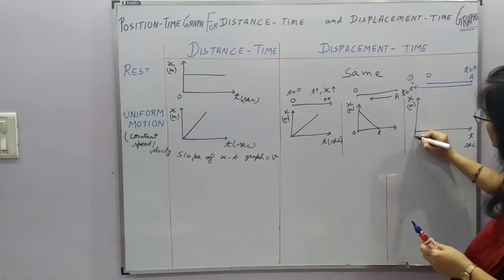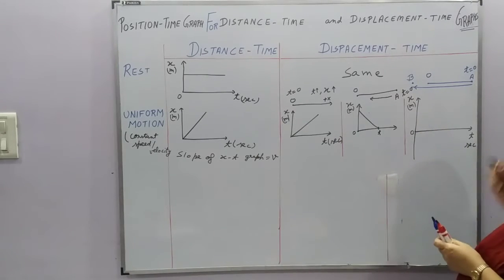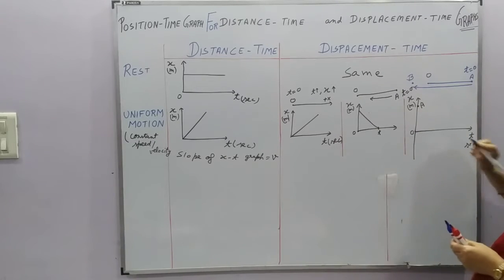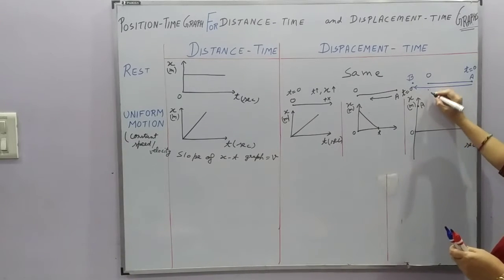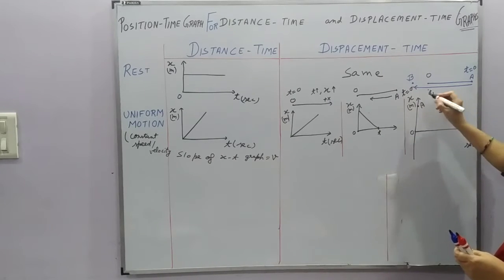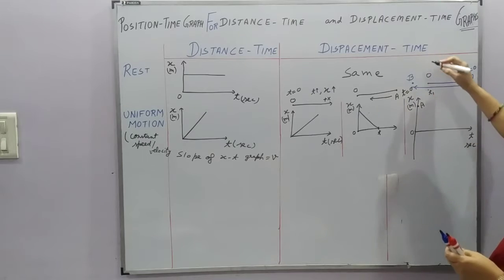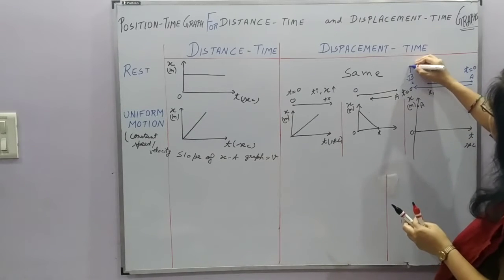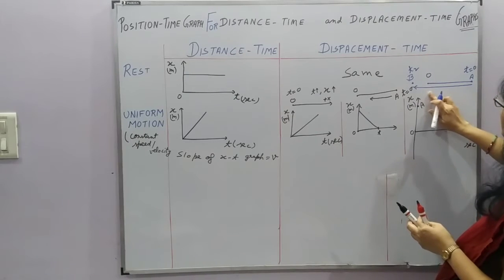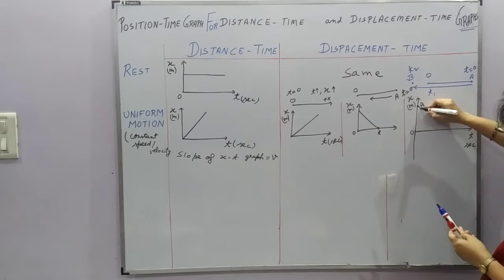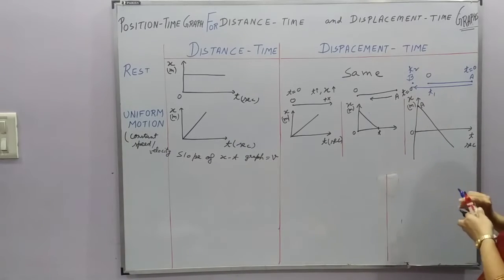Now if we consider this as origin, the object is at A at this point, and at this time t is equal to, suppose t1, it reaches here, and time t is equal to t2, it reaches here. So our graph will be this, right?